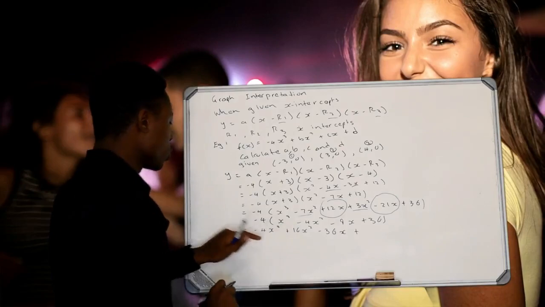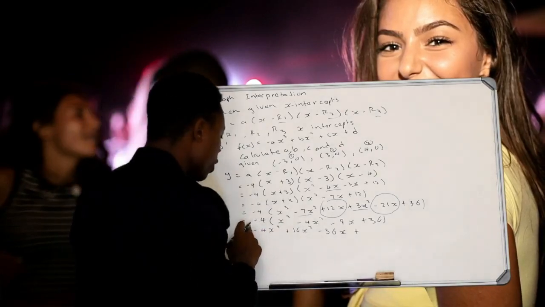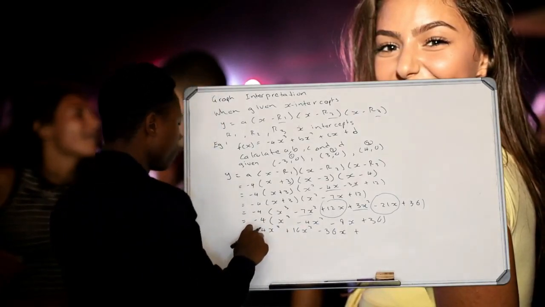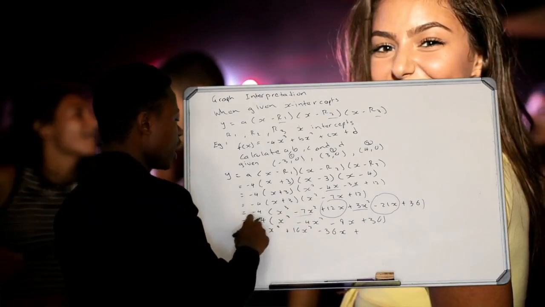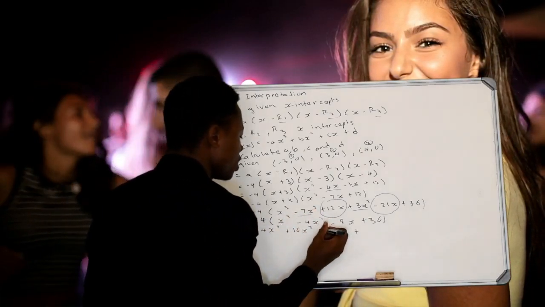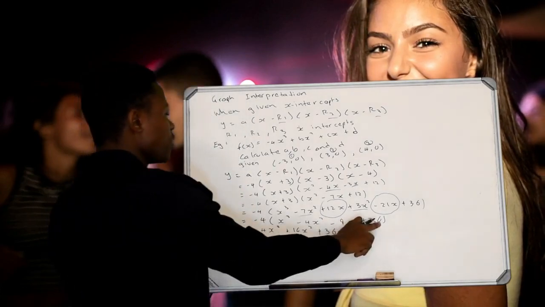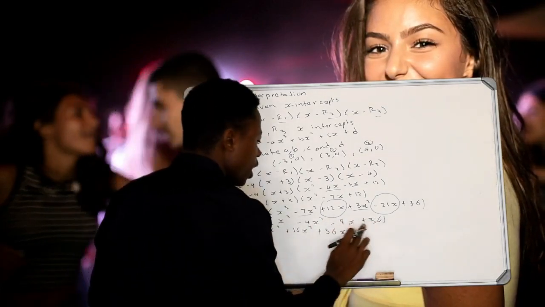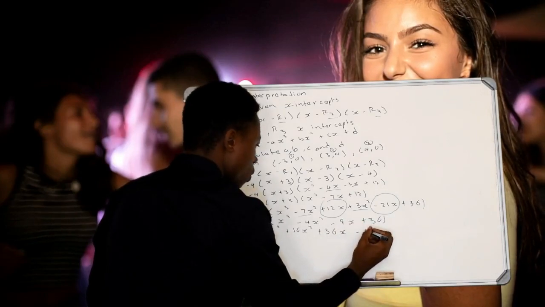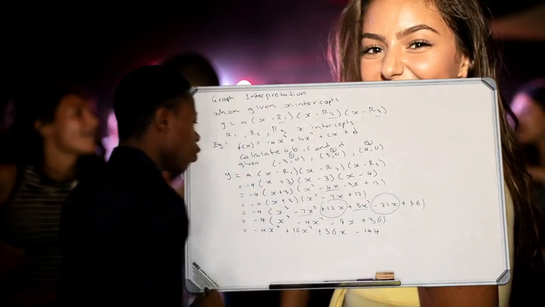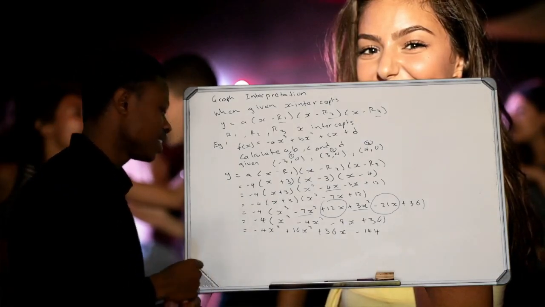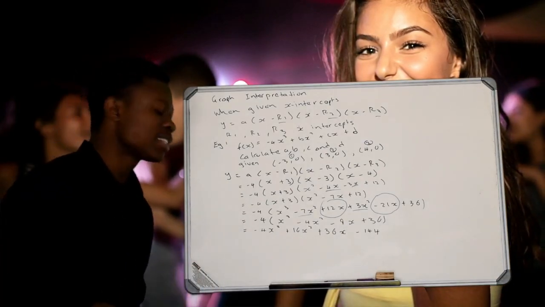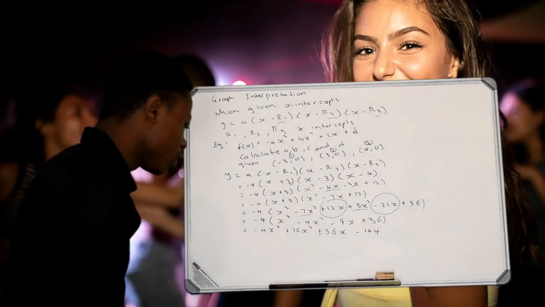Oh, sorry, I forgot to take into account my sign. -4 times x cubed gives me -4. -4 times -4 gives me +16. -4 times -9 gives me +36. -4 times +36 gives me -144. So this is what I have: -4x cubed plus 16x squared plus 36x minus 144.